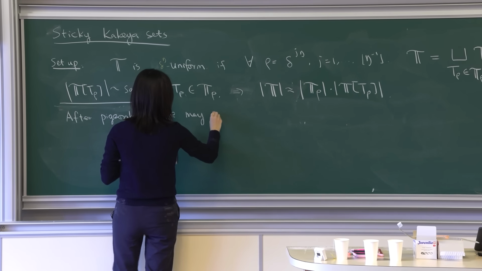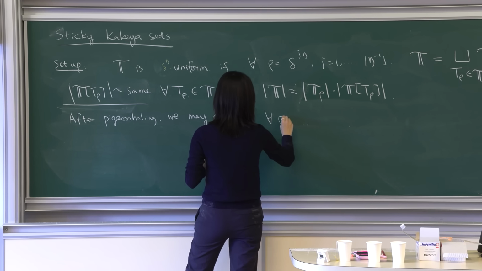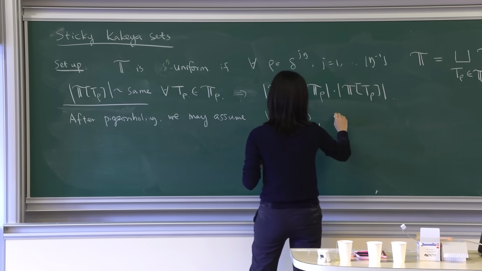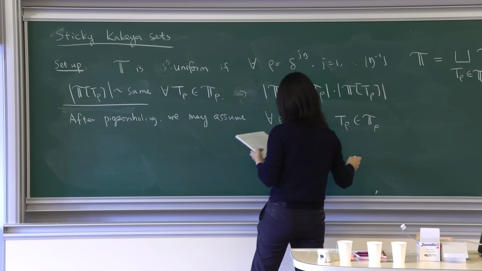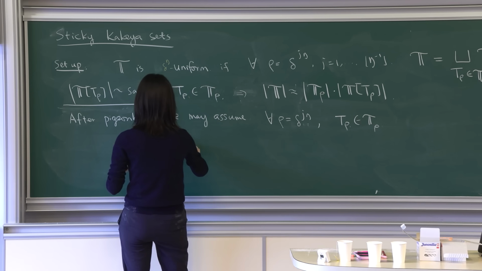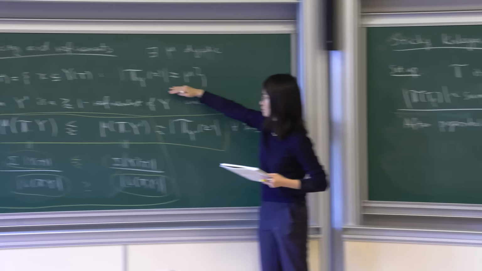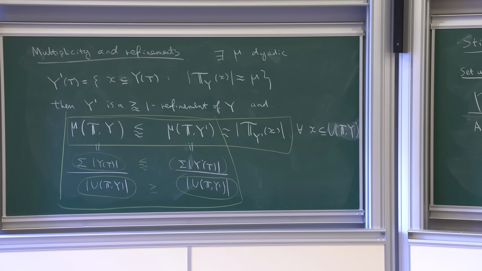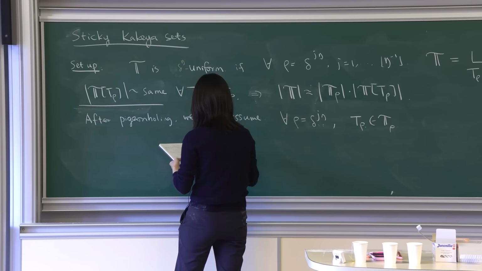We may assume that for any rho of the form delta to the j eta, and for any T_rho in the collection 𝕋_rho, previously we just assumed that this multiplicity is roughly the same, but now I'm going to say that in an even more refined way they are essentially the same.